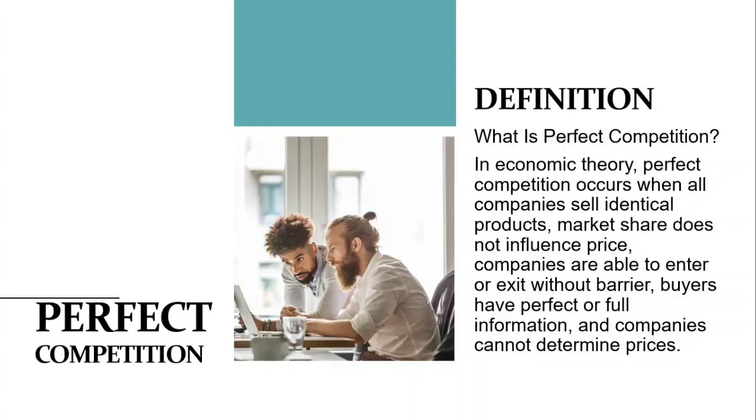So perfect competition is one of the basic economic market models. It is the market structure in which competition is at its greatest possible level. This is when many firms offer a homogeneous product, one that cannot be distinguished from competing products from different suppliers.